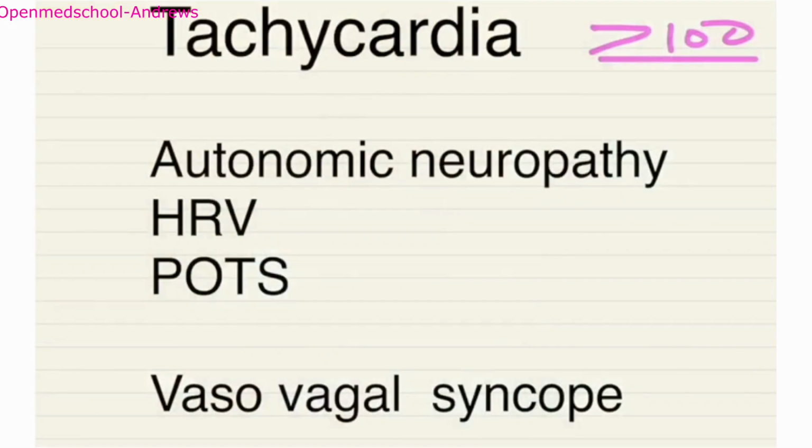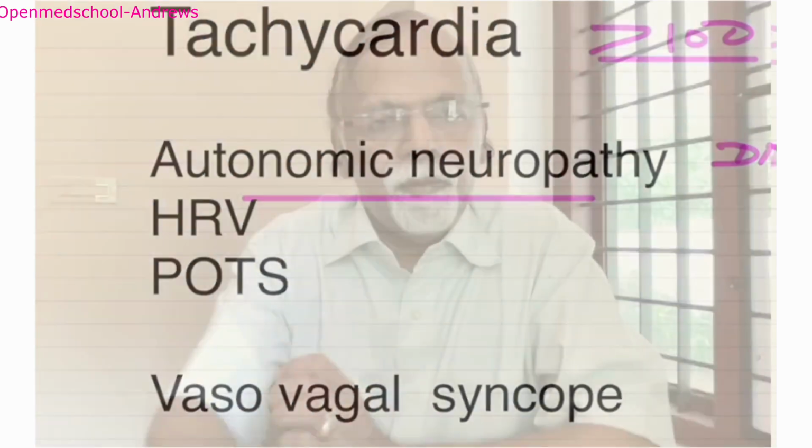We are more interested in autonomic neuropathy, especially in patients with diabetes mellitus. They can have resting tachycardia. The heart rate is normally within the normal range because of the interaction of the sympathetic and parasympathetic. Sympathetic increases the rate, parasympathetic decreases the rate.